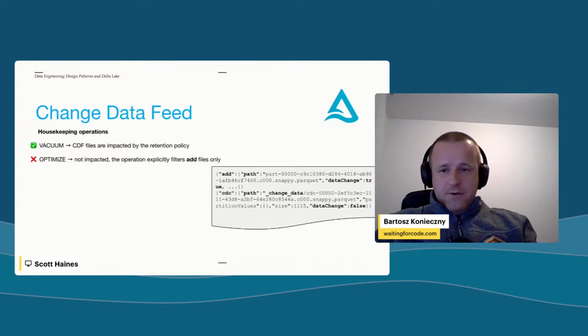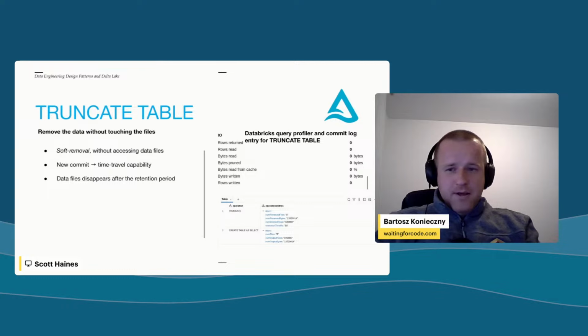So that was the first feature. The next feature will be truncate table. It's a cheap way to clean up the state of your table to prepare it for rewrites. I call it soft removal because it doesn't need to touch the data. So when you run truncate, you will not read the data files at all.